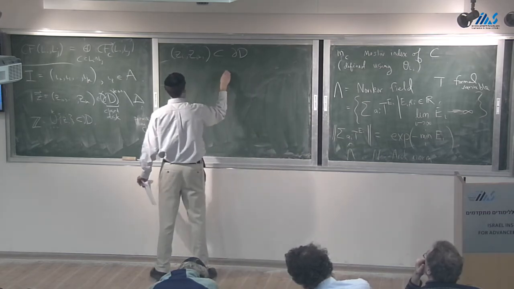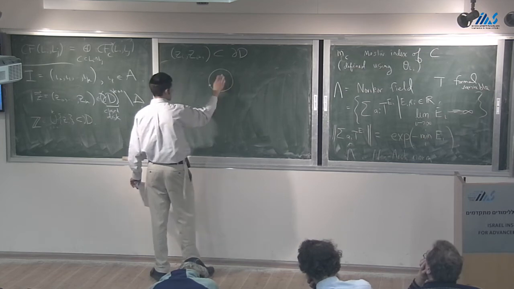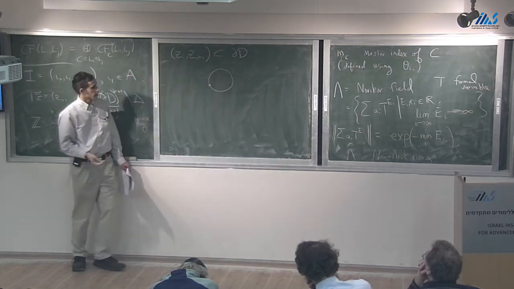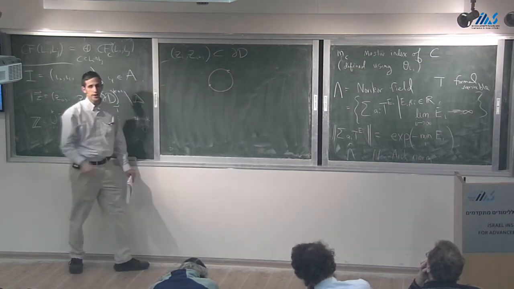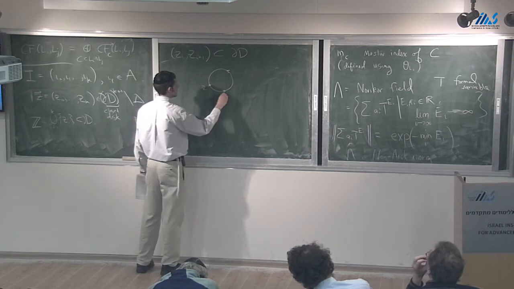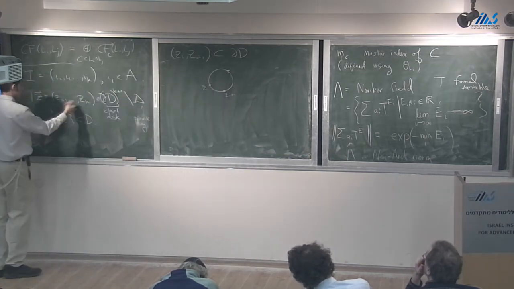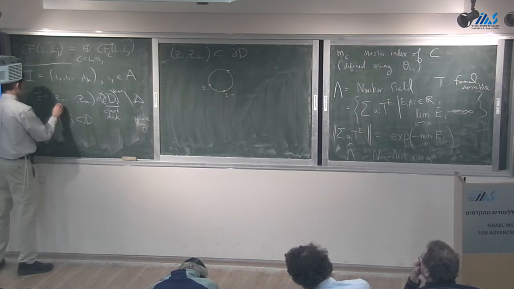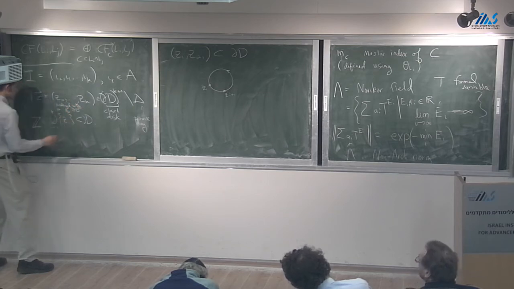Well, in the boundary of the disk. So if I have the disk that has a complex orientation, and that induces an orientation on the boundary, and let's say the orientation on the boundary goes counterclockwise, so then if this is z_i, then this is z_{i+1}. Right, these guys are always ordered according to the orientation of the disk.